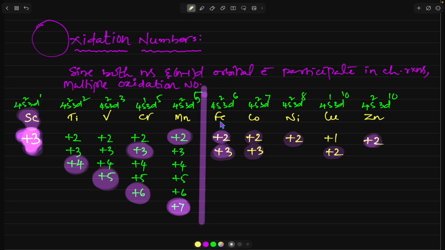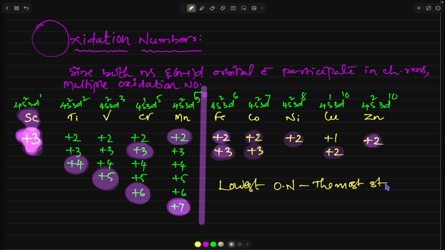For the elements starting from iron to zinc, the lowest oxidation numbers are the most stable, isn't it?